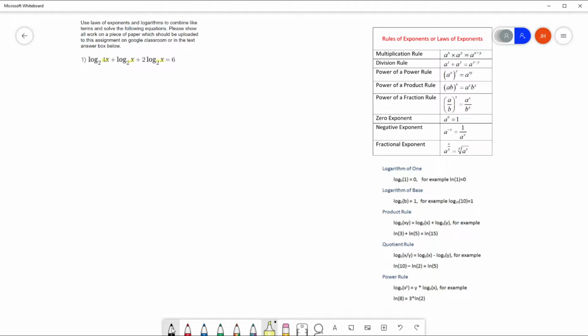This is kind of similar to if I had some sort of problem where I had 4x plus x equals 6. You'd want to combine all terms in order to solve it, right?